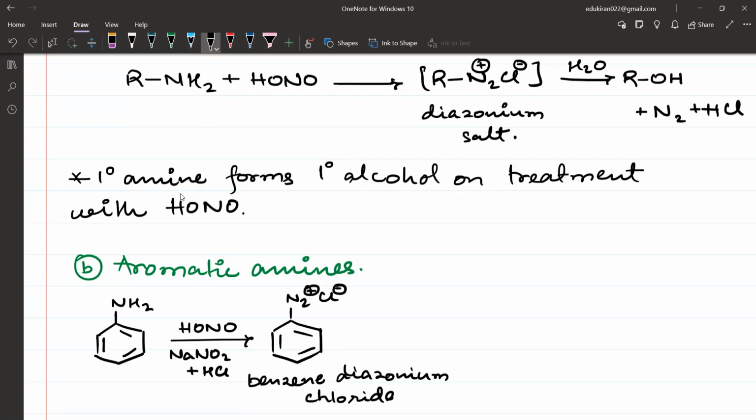This is benzene diazonium chloride, plus you can get water and NaCl also, but those are not very important.